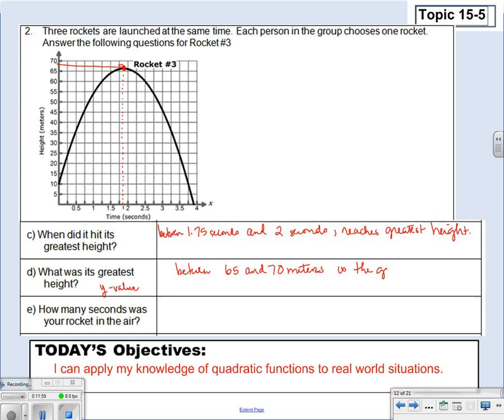Again, because of the scale and we're estimating, I'm giving you some distances in between that it could be. That way, if it's multiple choice and I give you 4 possible answers, the only answer is the one that falls between 65 and 70 meters.